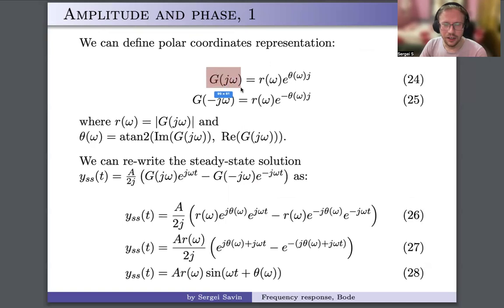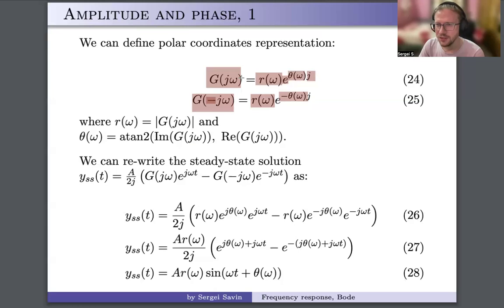Now, g of x, I would replace it with, sorry, g of j omega. I would replace it with r of omega times exponent of theta of omega j. G of minus j omega, I would replace it with r of omega. Notice the same r of omega, because the minus sign here, as we said, does not influence the amplitude, right? And minus theta of omega, so the phase changed sign, right?